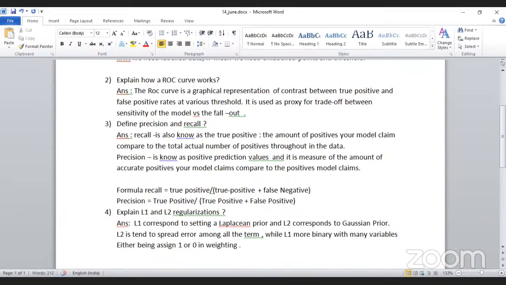Okay, that's how we can say L1 and L2 differ.